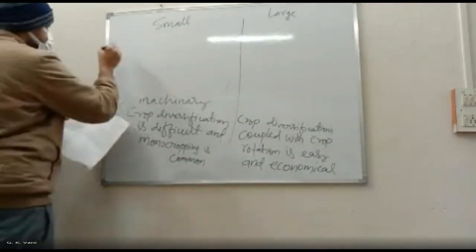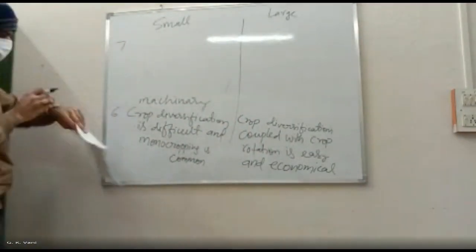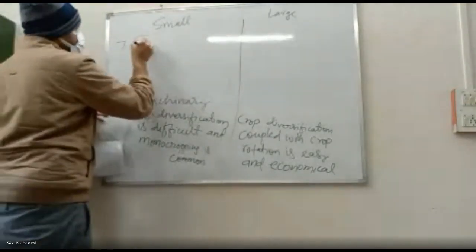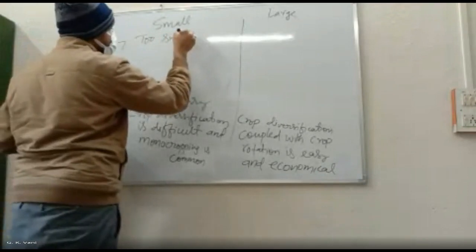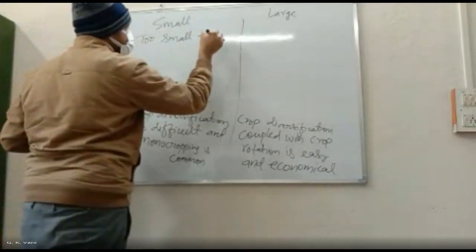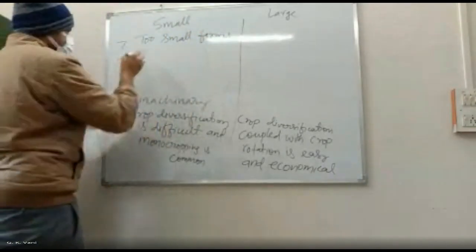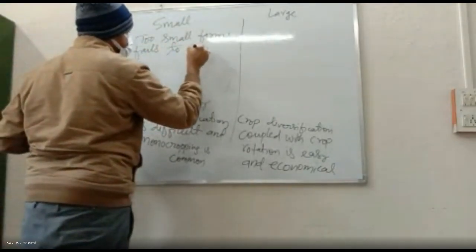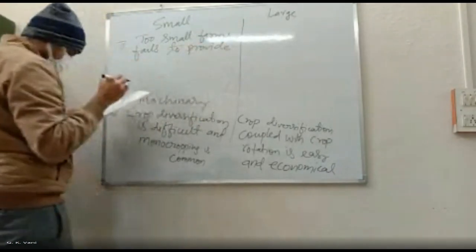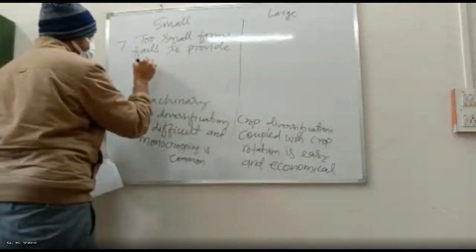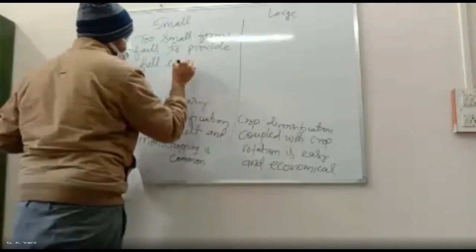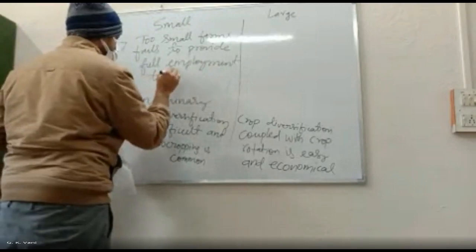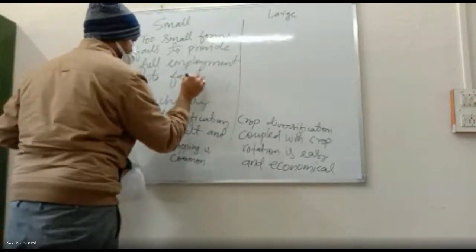Then next is too small farms fail to provide full employment to the family, right?